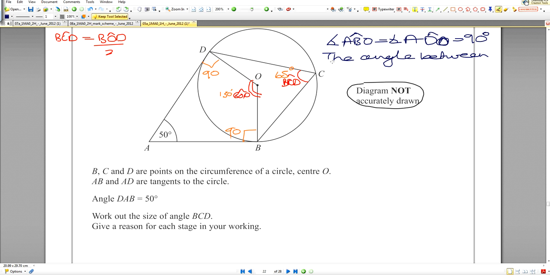The angle between a tangent and a radius is a right angle. I know my handwriting is a bit messy, folks, so please forgive me, but I am also saying it out as well. Okay, so that's the reason. I've stated it and explained it. That's what they want.